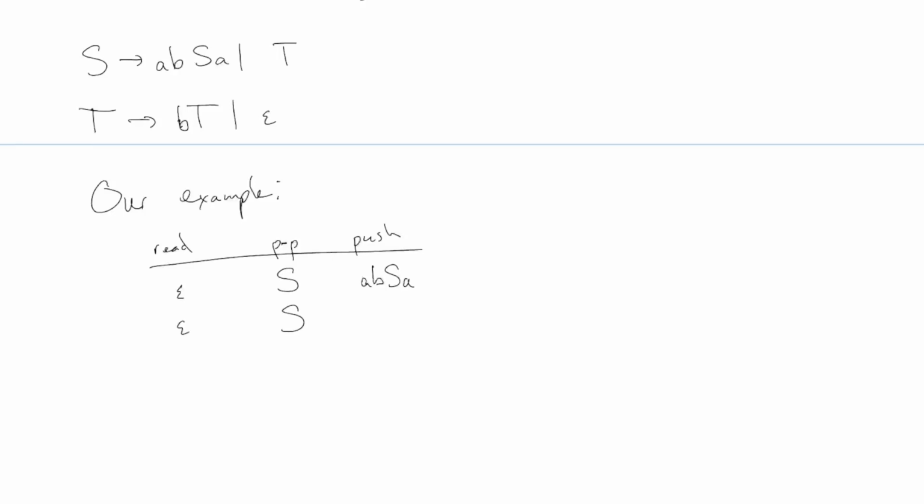There's also read epsilon, pop S, push T. There's read epsilon, pop T, push BT, and read epsilon, pop T, push epsilon. All right? Those are the 4 grammar rules, which I have just translated directly like so.